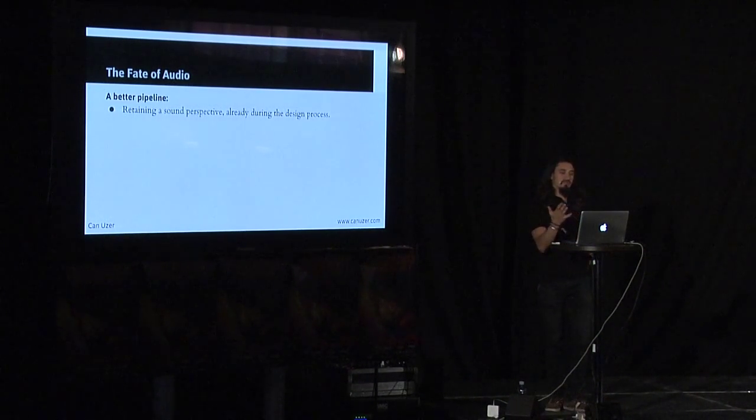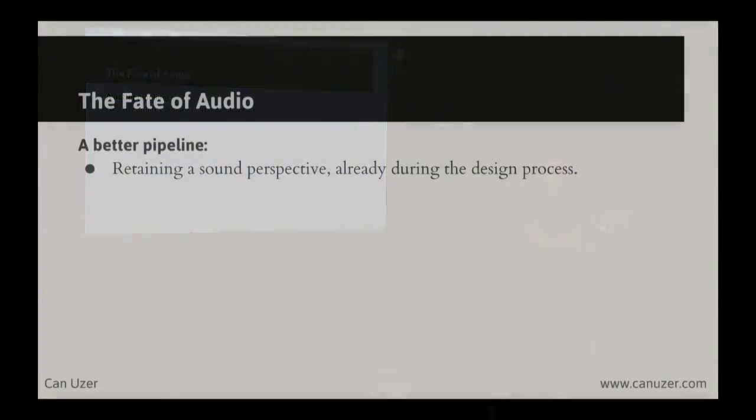Also, you should change your pipeline. So these are mostly recaps, so I'm going to be quick about these. So just try to have a sound perspective from the start of your game and think about it from the start while you're even doing paper designs, and try to imagine how it's going to sound, or how can I use the sound to introduce this function.